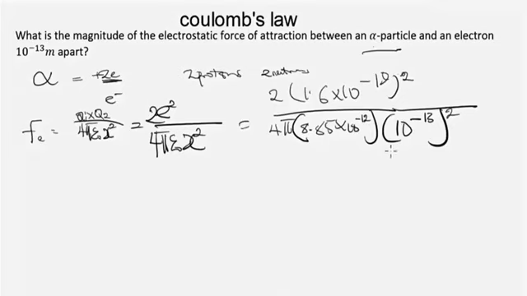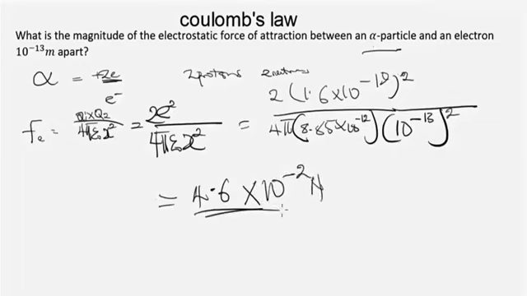Now let's punch this on our calculator and see what we have as the result. We realize 4.6 times 10 to the power of minus 2 newtons. So this becomes the electrostatic force between them.